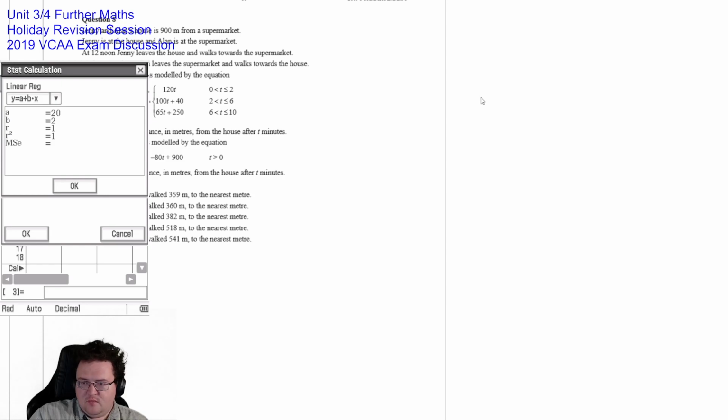More power to her. J is the distance in meters from the house after 10 minutes. Alan's planned walk is modeled by A, the distance in meters from the house after 10 minutes. Jenny is walking on a variable pace, whereas Alan is walking at a consistent speed towards the house.